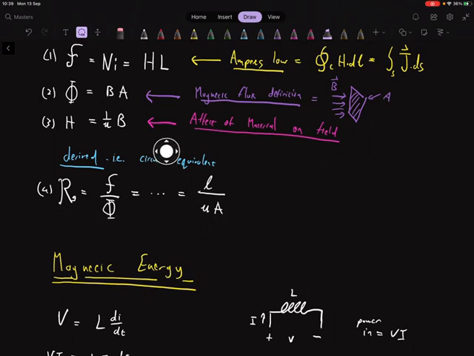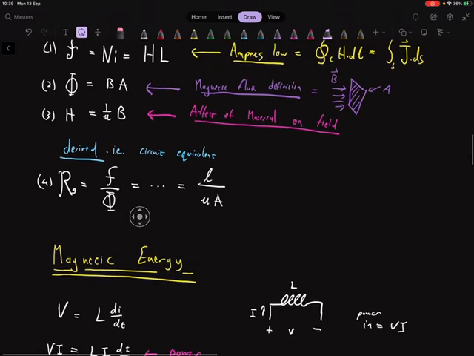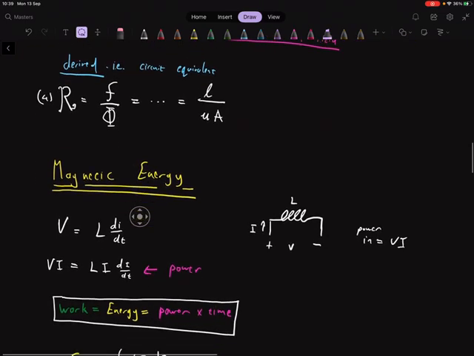If you do that division, knowing that you can relate B with mu, then you get this. So now you have geometric and material properties to describe the relationship of MMF and flux.